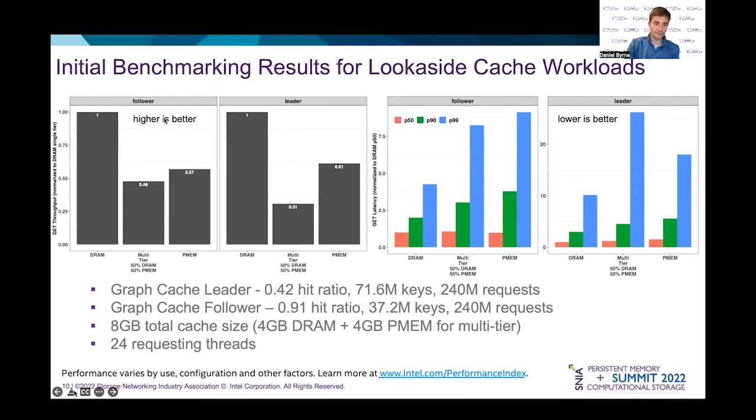Higher throughput is better, and these numbers are baselined to the DRAM single-tier instance. PMEM is just under 60% of the performance, and we don't even get to half performance in the multi-tier instance. Ideally, we would expect it to be somewhere in between.